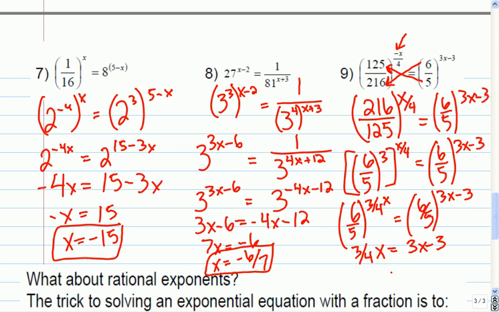I'm going to multiply by 4, and that way I won't have to work with the fraction. Let's go 3x equals 12x minus 12. So I basically just multiplied both sides by 4, and now I don't have to deal with that fraction. So this will be negative 9x equals negative 12. So x equals 12 over 9, which is 4/3.